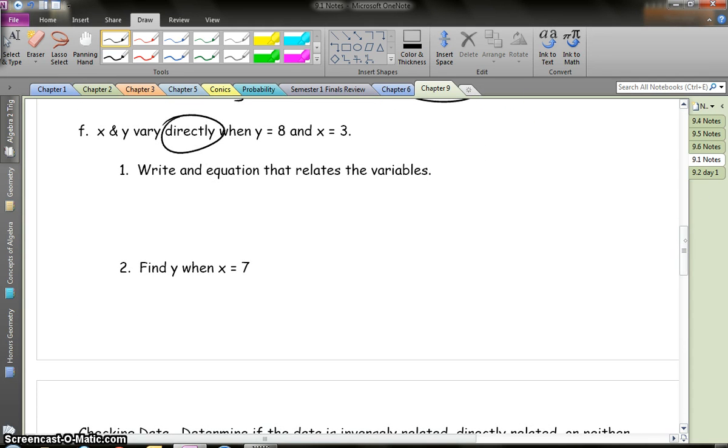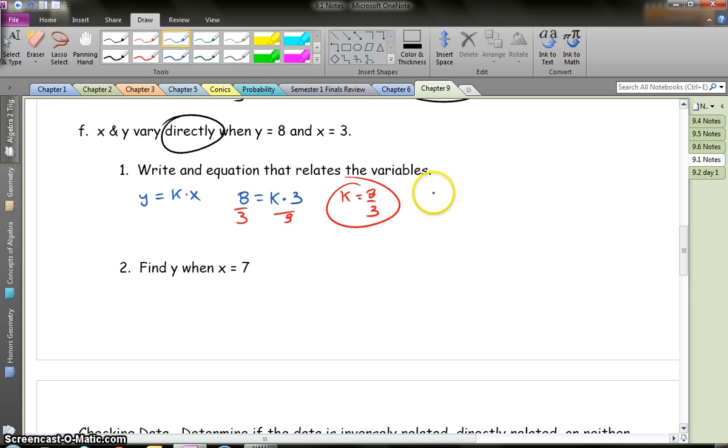So x and y vary directly when y equals 8 and x equals 3. So first, directly, we're dealing with y equals k times x. So in this case, y is 8. So 8 equals k times 3. Well, let's get k alone. K equals 8/3. Then rewrite the equation.